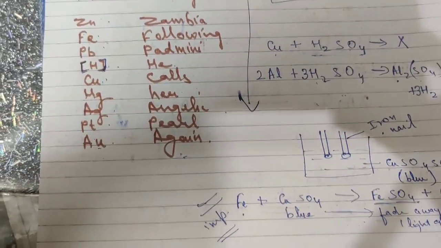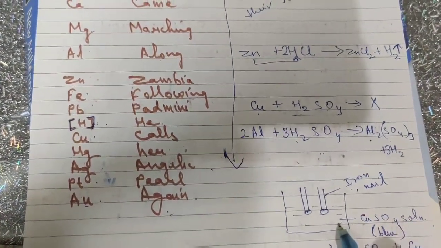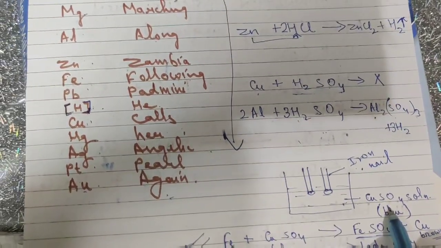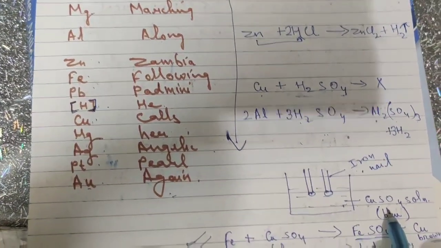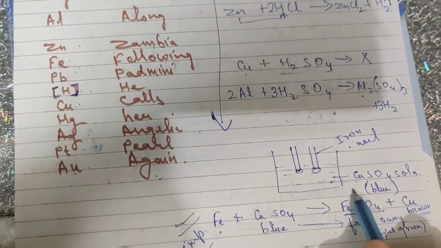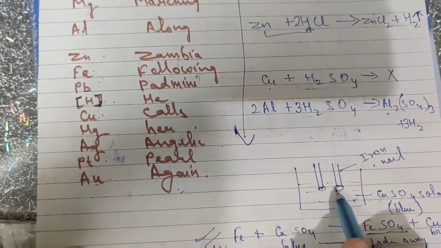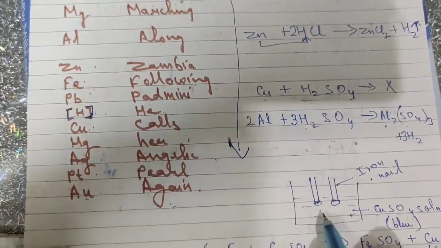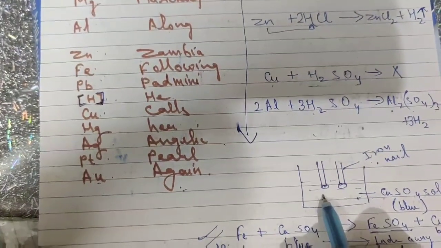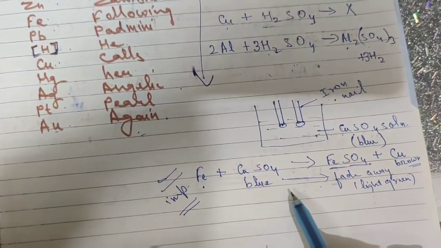So when you dip an iron nail in a copper sulfate solution, which is otherwise blue in color, after some time you will observe that the blue color is fading away, or turning into pale green, and on the iron nail you will observe a brown color deposition which is due to the formation of copper. The reaction that occurs is Fe plus CuSO4.